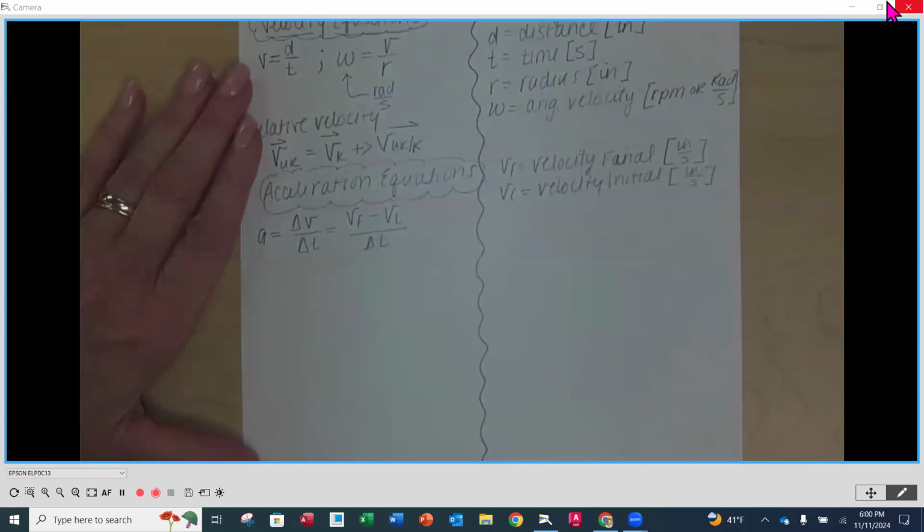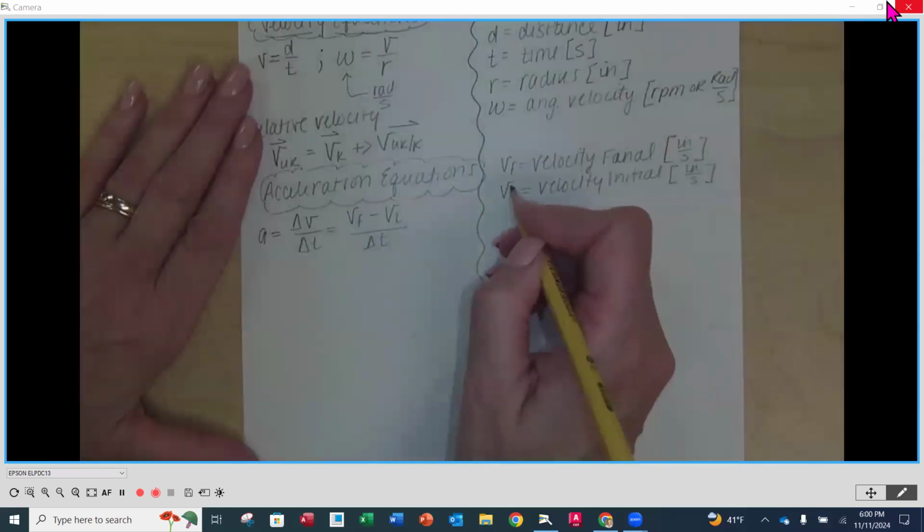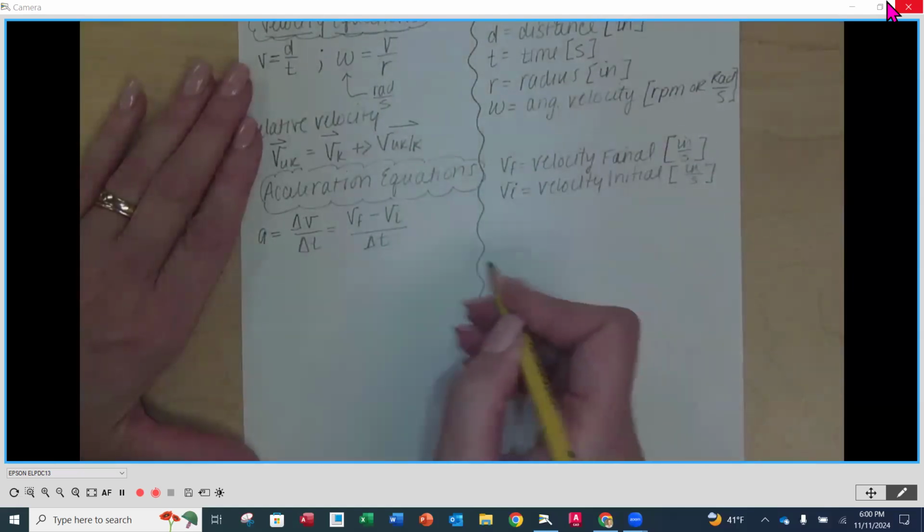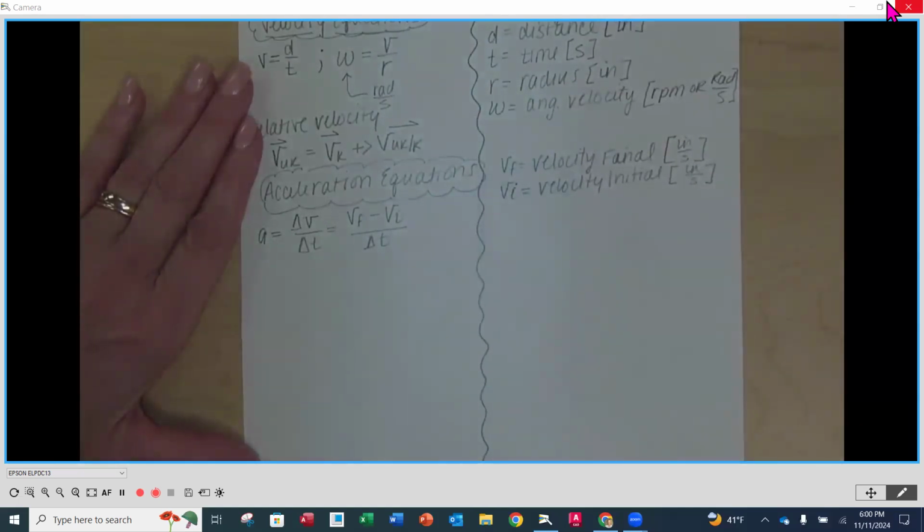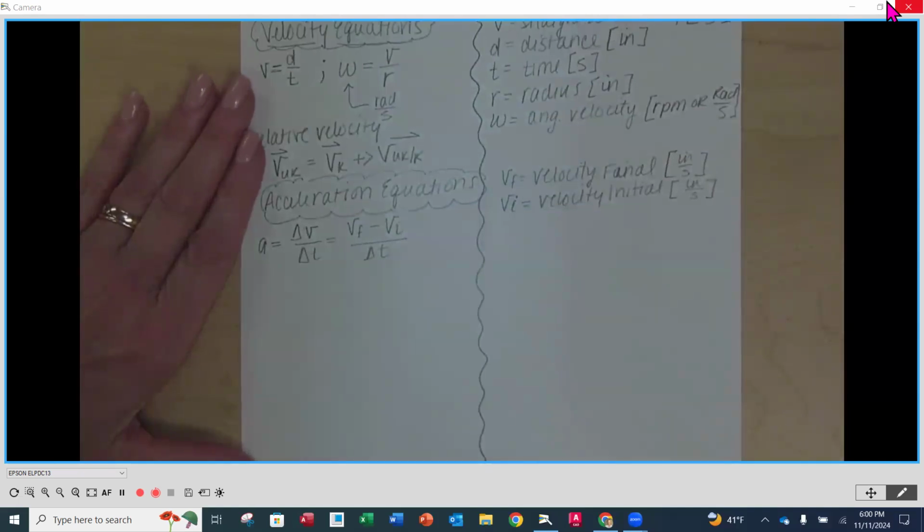And then change in time is the same as above. Distance is the same as above. Well, I don't have distance yet. I will get distance in just a bit. I'm not going to repeat the T because time is the same for all of them.